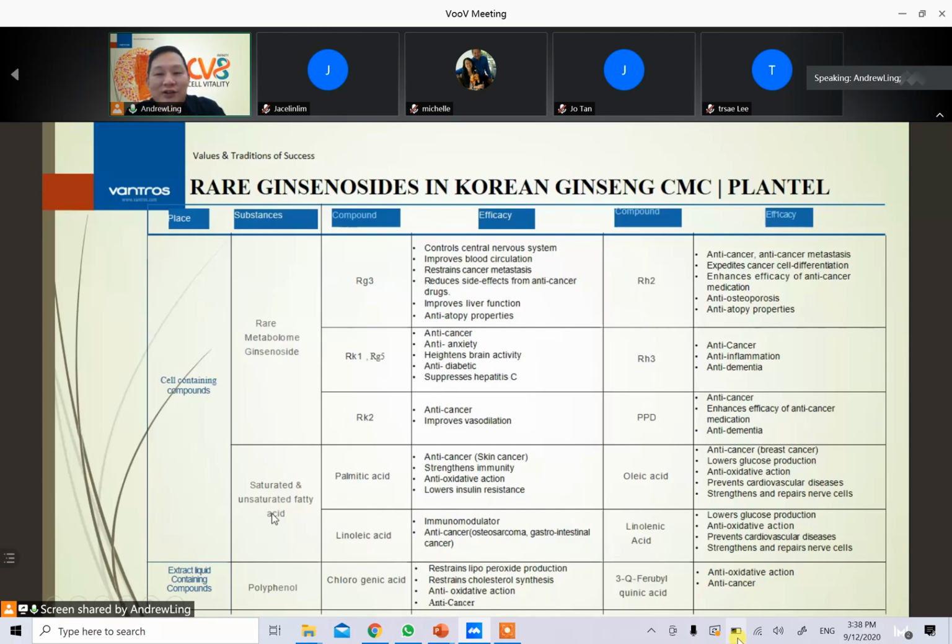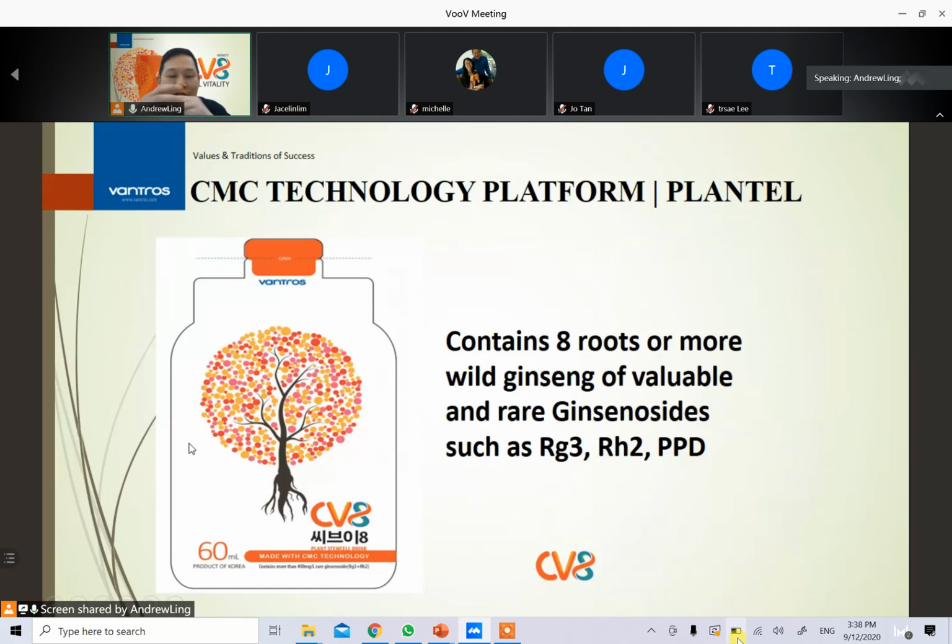If you have a chance, you can look through all the ginsenosides found in this Korean ginseng CMC. And of course, according to what the plant told us, one sachet, one pouch of this CV8 is equivalent to about 60 ml.